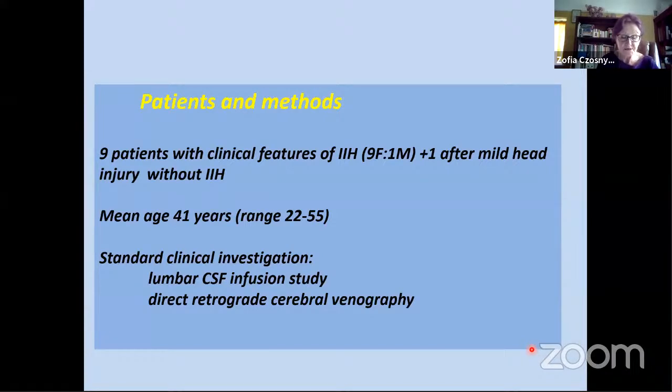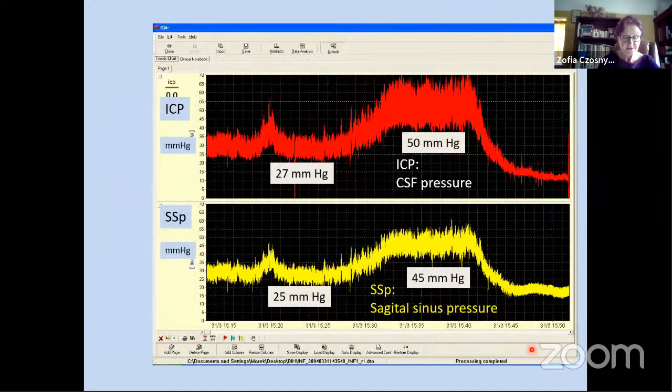By performing these two procedures at the same time, we had an opportunity to monitor CSF pressure and sagittal sinus pressure simultaneously. The CSF pressure during the infusion study shows the usual profile.